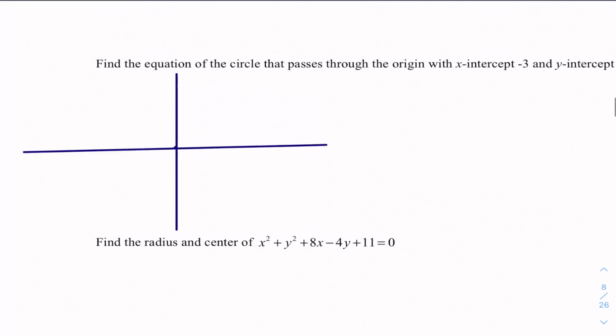So our circle passes through the origin, has a y-intercept of 4 and an x-intercept of negative 3. I'm going to do my best to draw this circle out and not make it too lopsided. But we're looking at a center of our circle somewhere here.